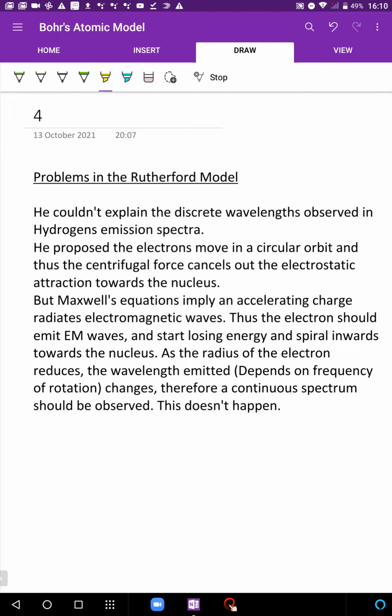All right. He proposed that the electrons move in a circular orbit, and thus the centrifugal force cancels out the electrostatic attraction towards the nucleus, as I mentioned. But Maxwell's equations, which I think came out a long time before this, in the 19th century, between 1800 and 1900, basically implied something.